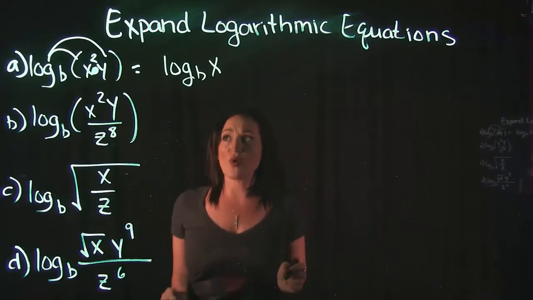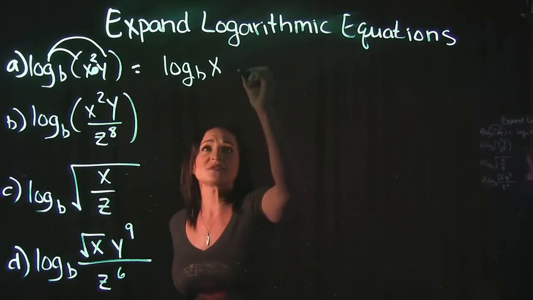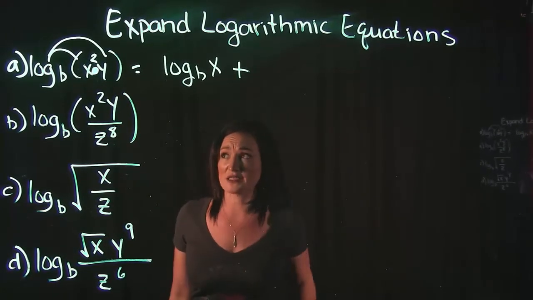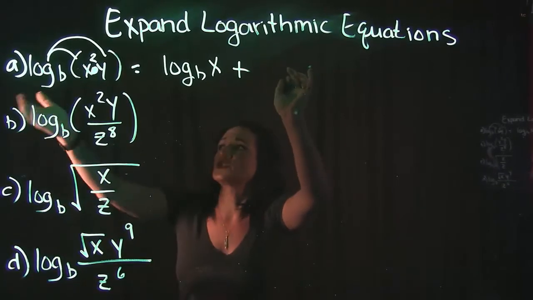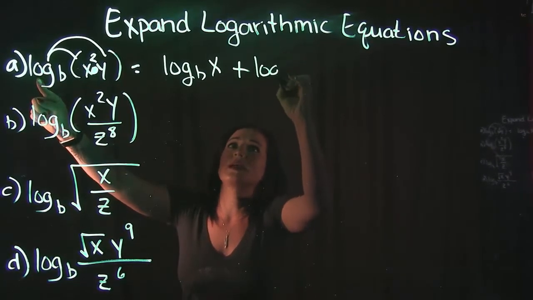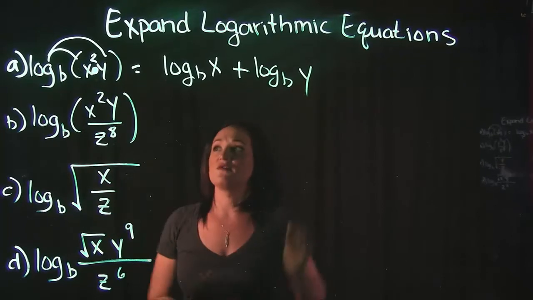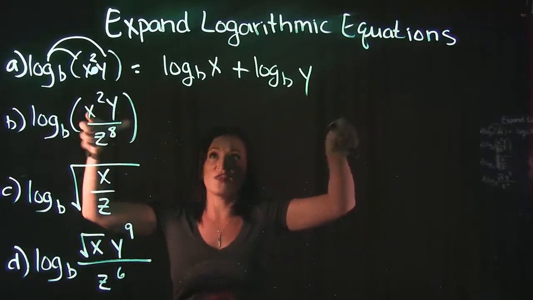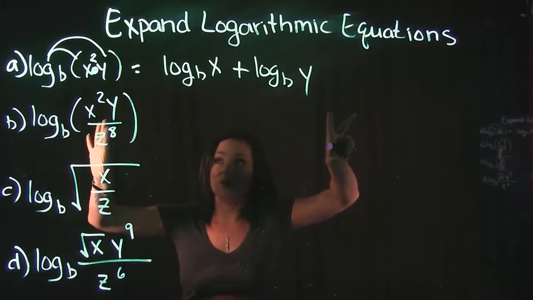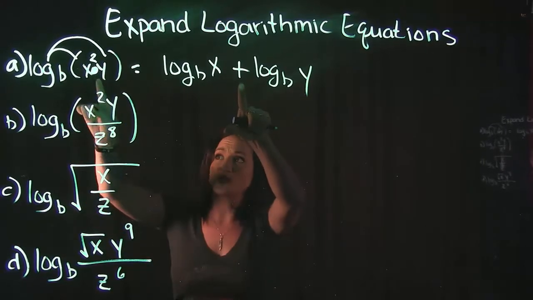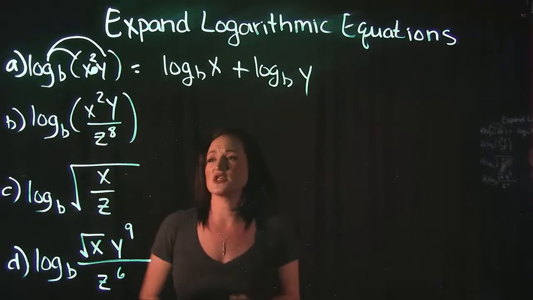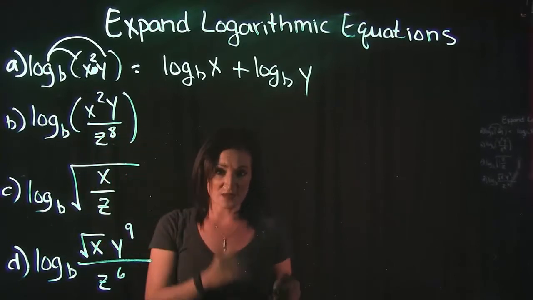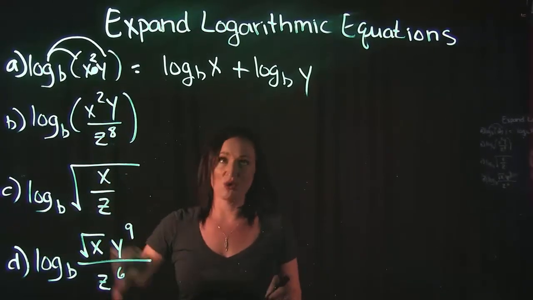But remember, using the product rule, a times correlates to a plus. So then I'm just going to distribute again. Log base b now of the y. So I'm taking this x and this y and I'm separating them. I'm expanding them using an addition symbol, because remember, multiplication is addition, division is subtraction, power is a coefficient.